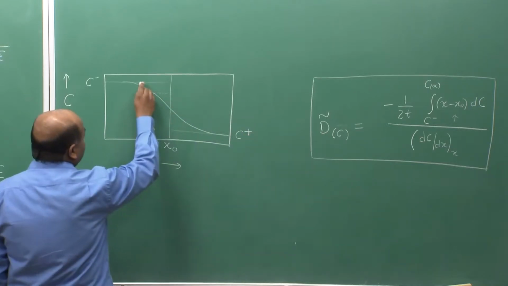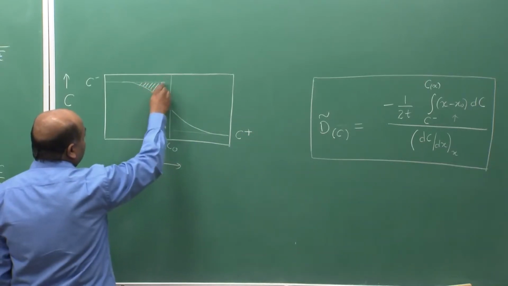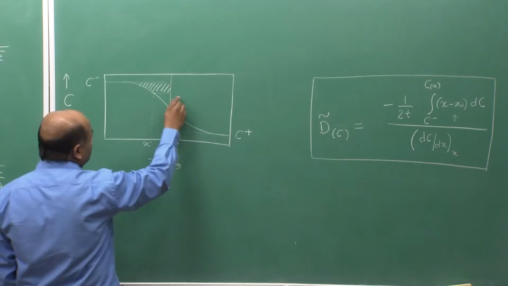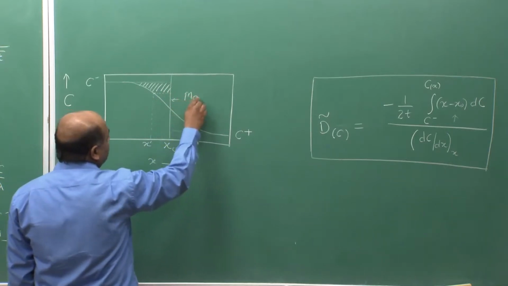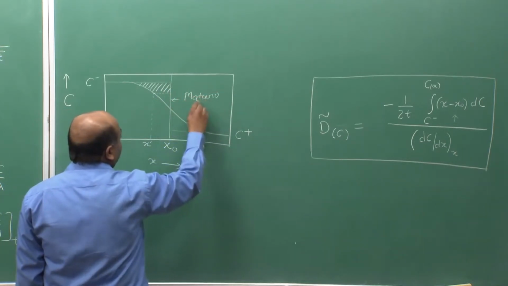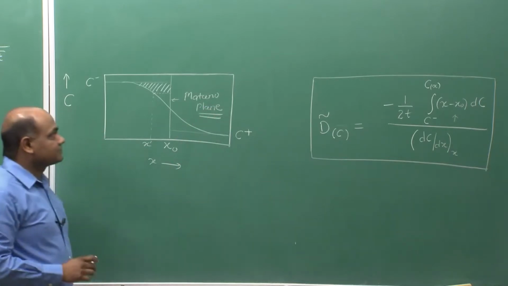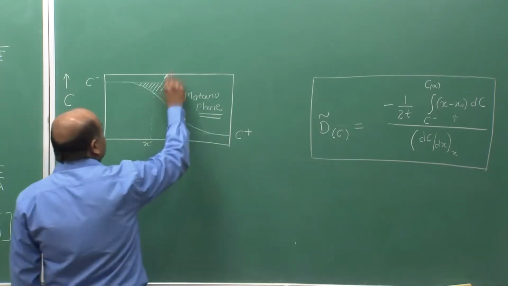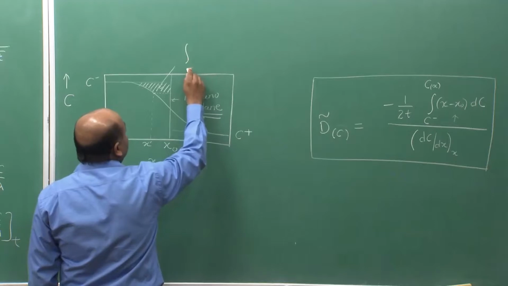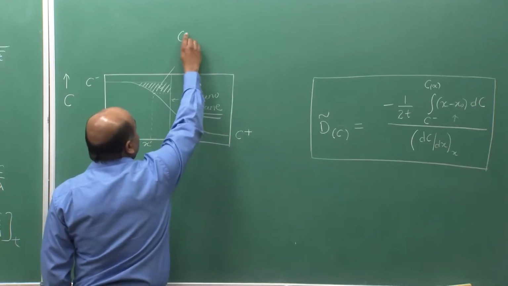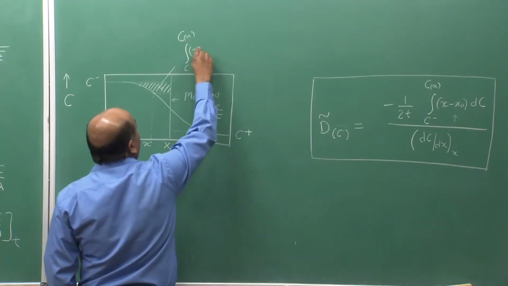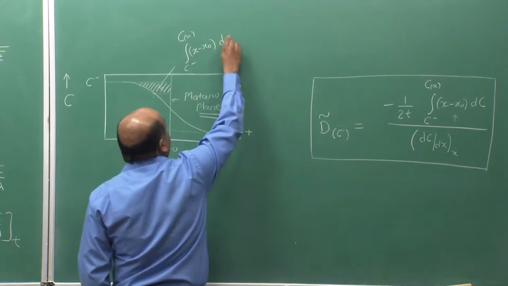That integral is nothing but the area under this curve drawn with respect to the Matano plane. This is x naught, or what we call the Matano plane, and this is nothing but the integral C minus to C at x, x minus x naught dC.